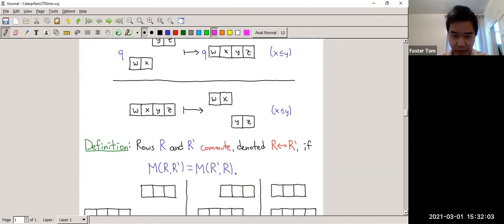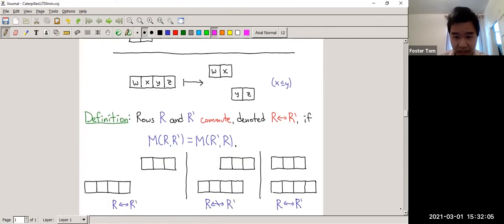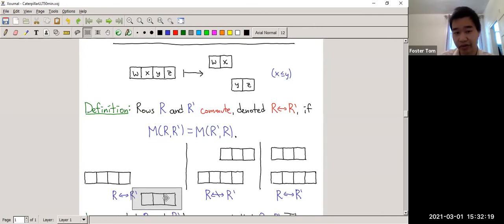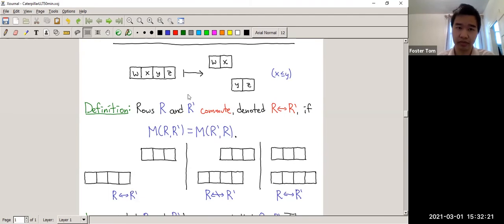Just for another example, I say that two rows commute if the maximum number of inversions I can make is the same no matter which row is on top. So on the left here, I have 0 inversions. And if I move this one down here, I still have 0 inversions. On the far right, I can have 3 inversions like this.